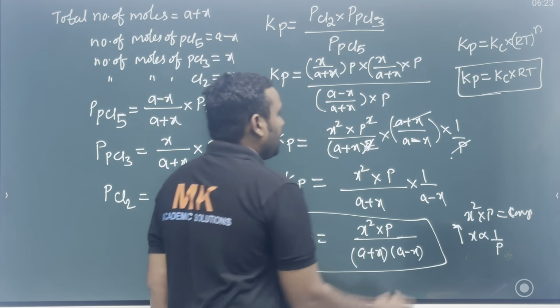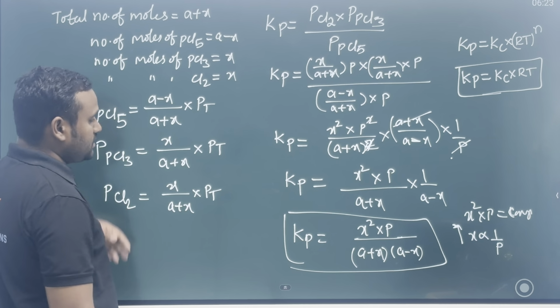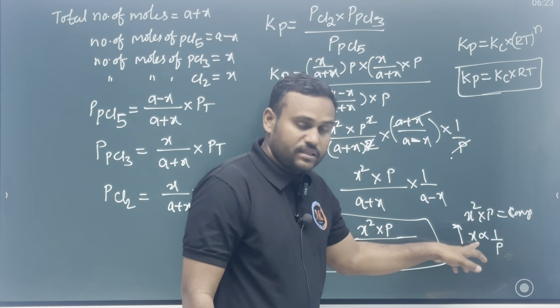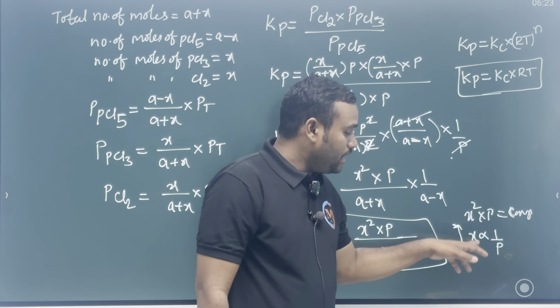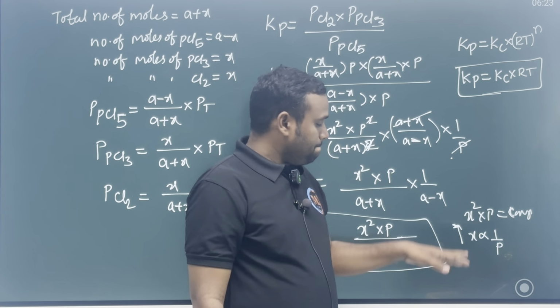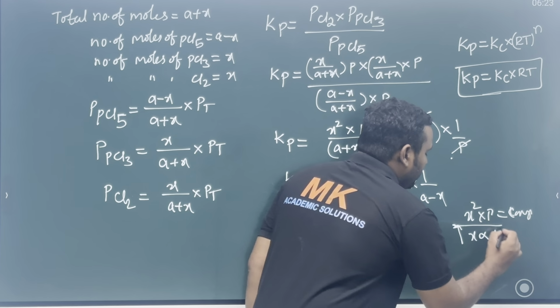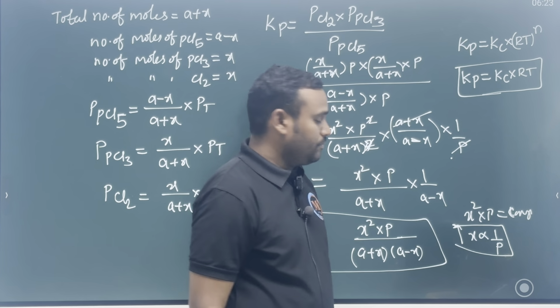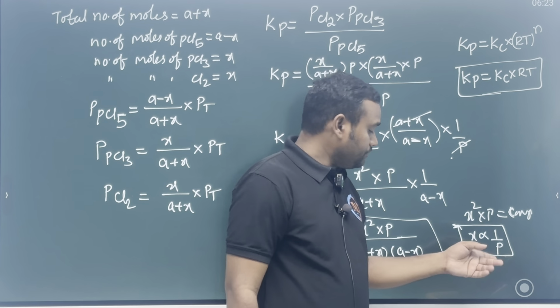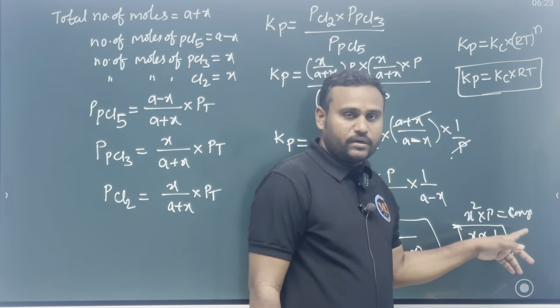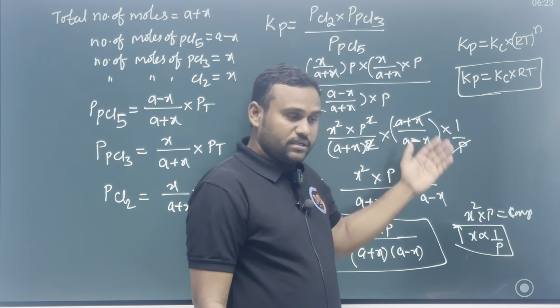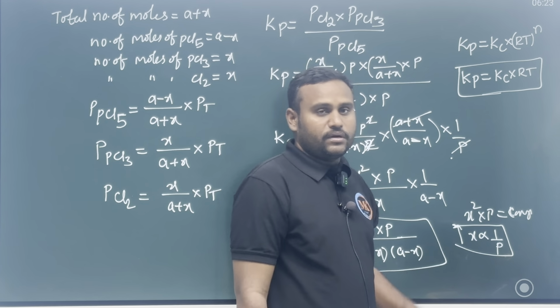What is the meaning of x here? The amount of substance reacted. So pressure and x are related like this: when pressure decreases, more reactant is converted into product; when pressure increases, less reactant is converted into product.